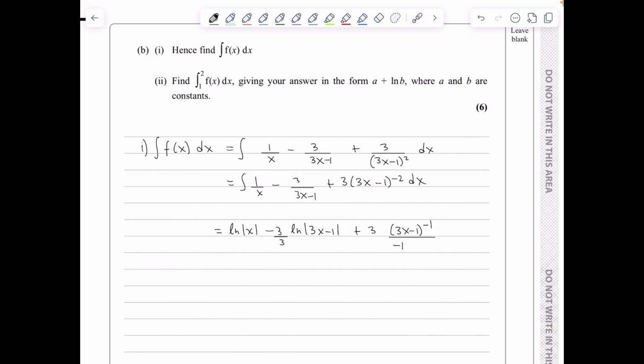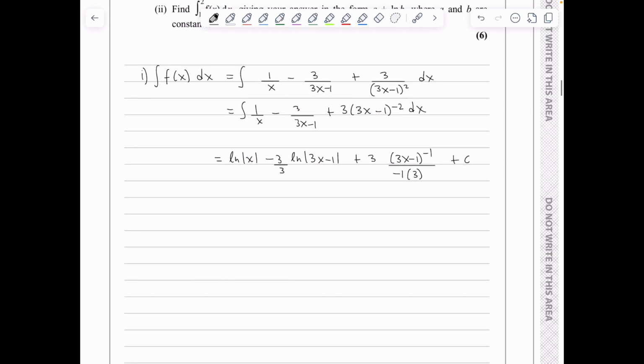So I increase the power by 1, I divide by the new power, and I also divide by the derivative of the bracket, which is 3, plus the constant of integration c. And I will simplify this to ln of the absolute value of x minus ln of the absolute value of 3x minus 1 minus 1 over 3x minus 1 plus c.